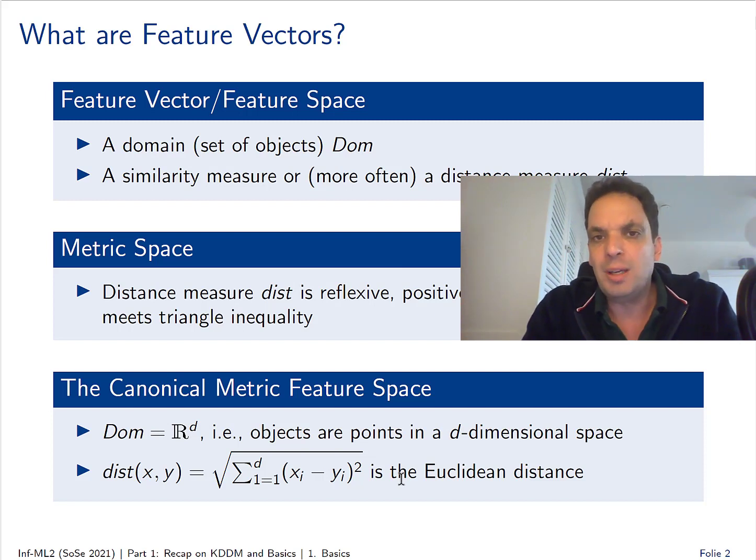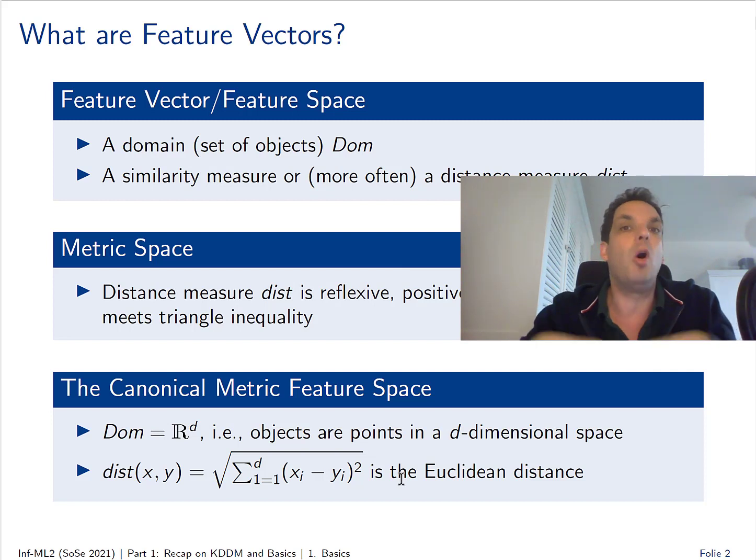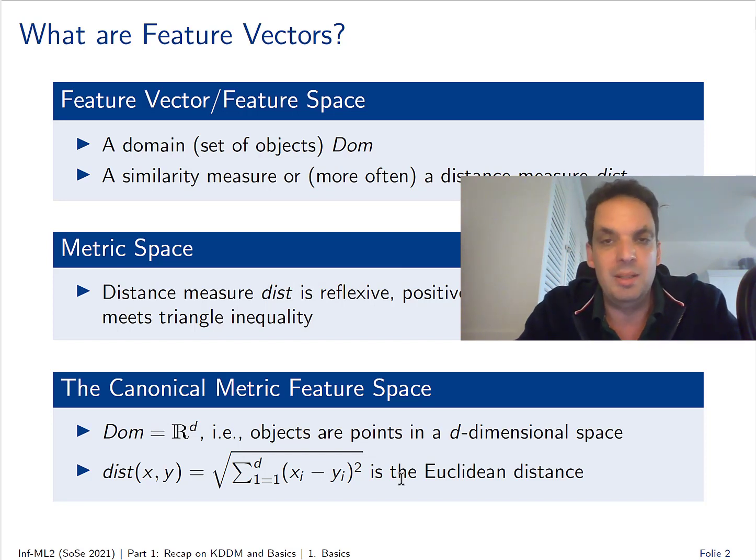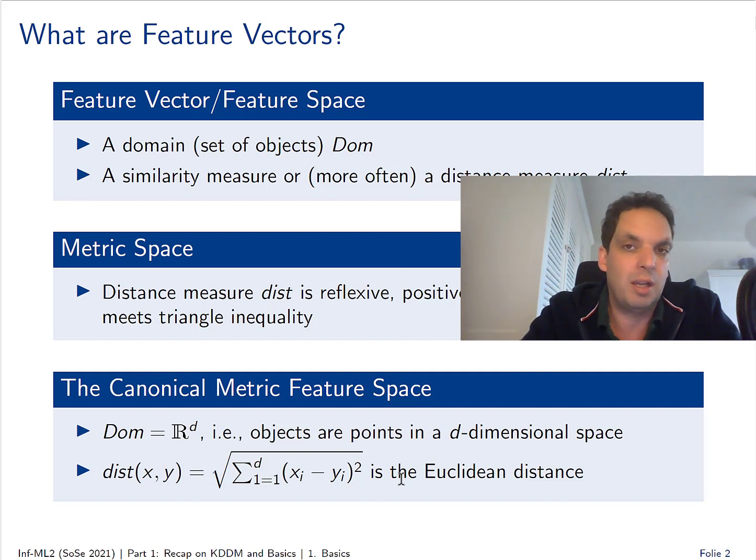A lot of people make a lot of noise about this metric property, that it is so important. Actually, in practice, it's not. Very often you work with distance measures that are pseudometrics, meaning that they do not have the metric properties for all possible objects, but usually you don't care. Most of the time, pseudometrics act or appear as metrics, but not always. You cannot assure that, and very often you don't care too much about it.